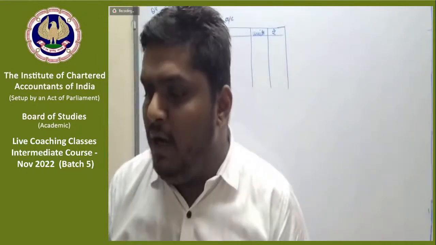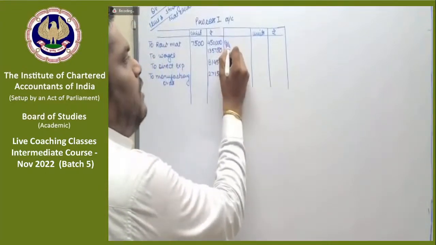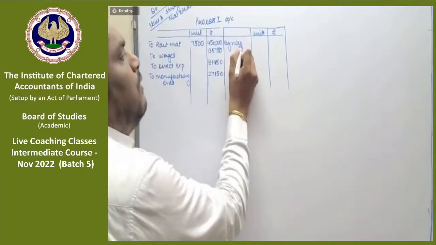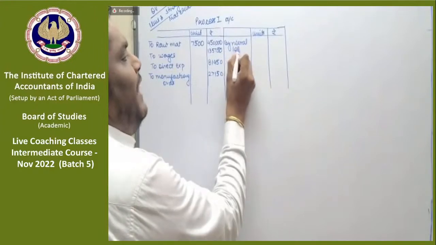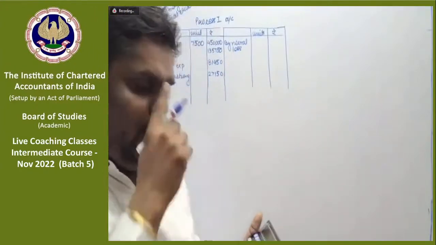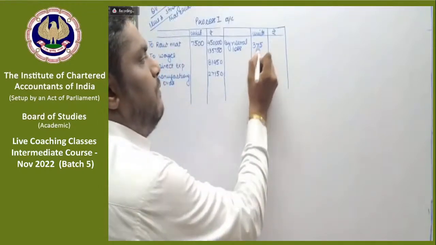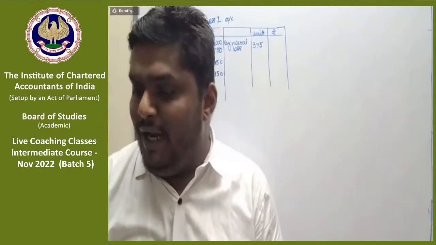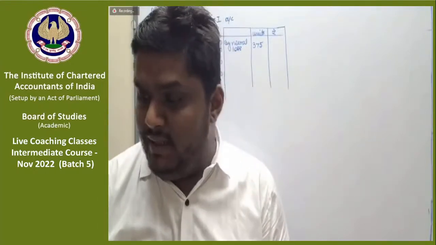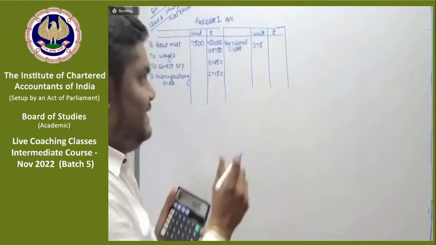Further, the normal loss is 5% of input. So we'll write the normal loss as 5% of input, that is 7,500 into 5%, that is 375. Further, the scrap value of the normal loss is also given, that is 12.5, which is to be deducted. So 4687.5.